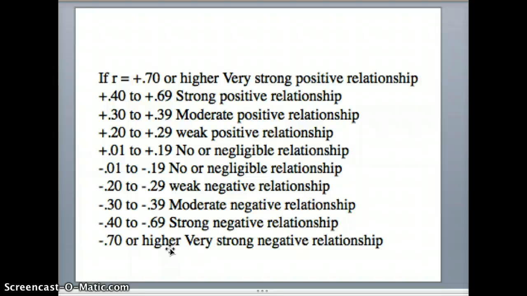Now what we want to do is determine how to compute the correlation coefficient using Excel. So I'm going to pull up an Excel document. We're going to look at some numbers and see what the correlation coefficient is.